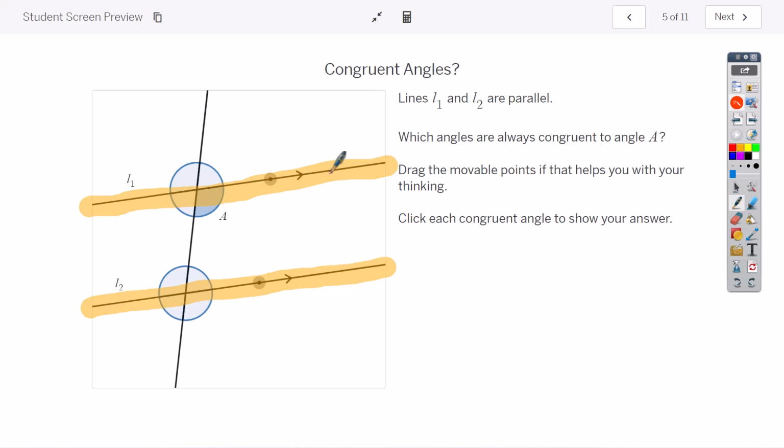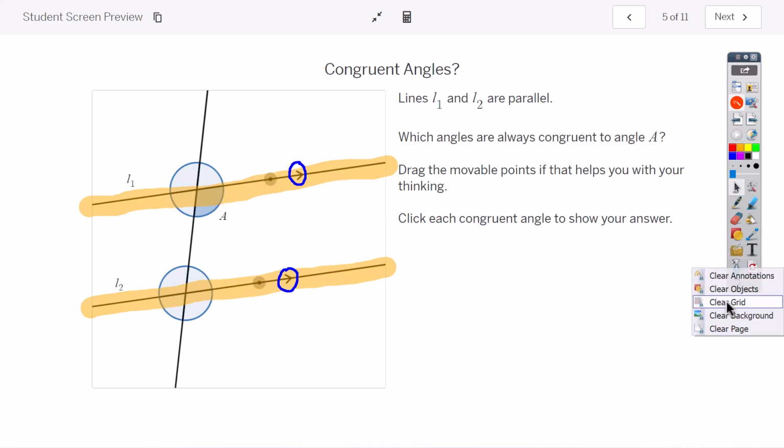So the 2 orange highlighted lines have these little symbols here, these little arrows. And in geometry, that means that the lines are parallel to each other. And if they're parallel to each other, we can make some assumptions here about which angles are always congruent to angle A.